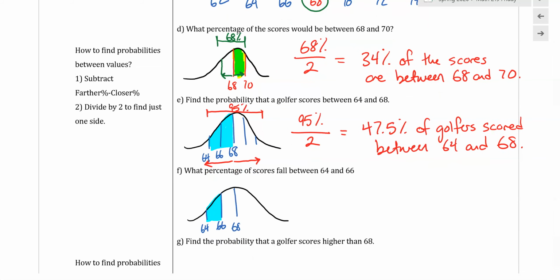One thing I just learned from this last problem is that from 64 to 68, that distance contains, what was that, 47.5% of my data. Now, if I could figure out what this contains, then I could just take the 47.5% and subtract that part away.